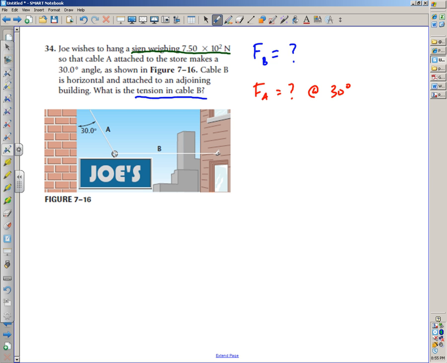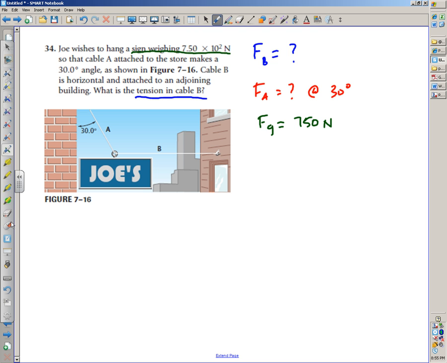We know what weight is. Weight is a fancy word for gravity, right? So we now know that the force of gravity acting on this object is 750 newtons. Remember, we don't have to do anything with that. We don't have to multiply that by 9.81. It's already done for us if they tell us that it weighs 750 newtons.